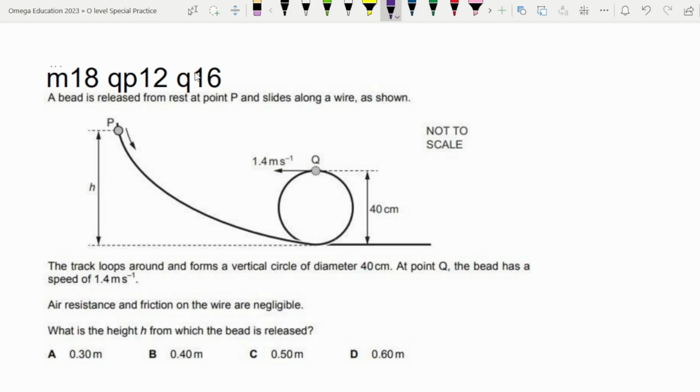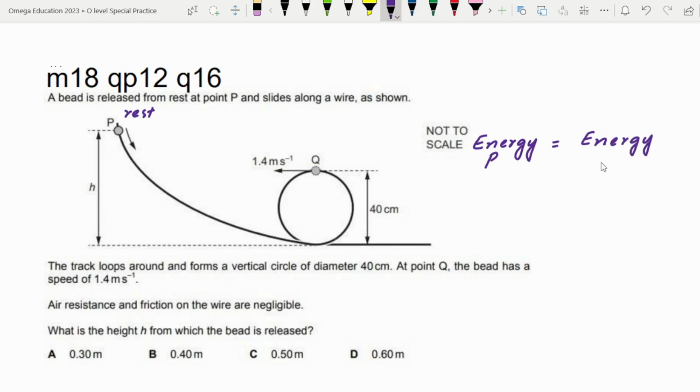At this point, because it starts from rest, you can call that point P. So the energy at point P should equal the energy at Q. This is what I explained in the energy conversion diagrams.